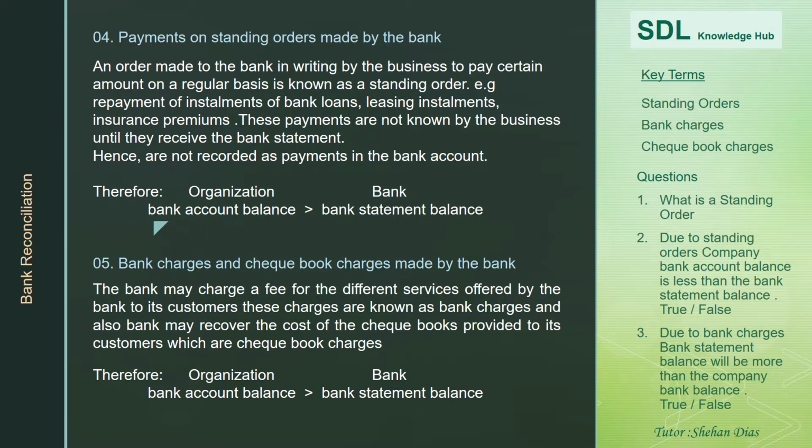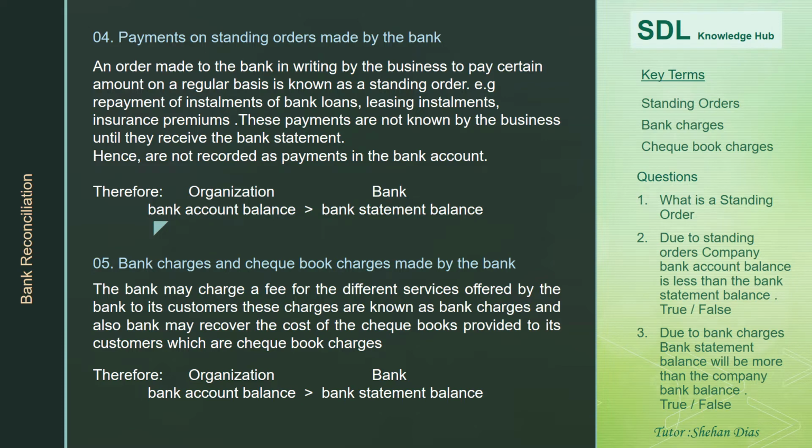The fourth reason for the difference between the bank account and the bank statement is payment made on standing orders by the bank. So what is a standing order? It is an order made to the bank in writing by the business to pay a certain amount on a regular basis. For example, repayment of loan installments, leasing installments, or payment of insurance premiums.